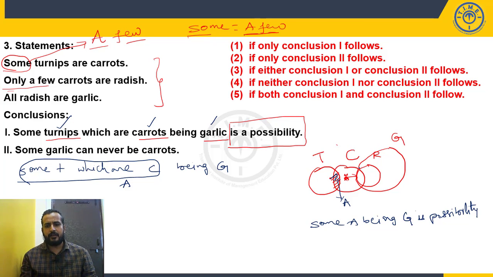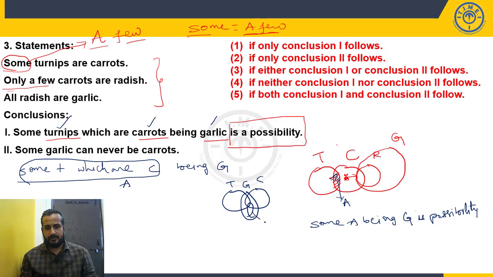Whether it is possible or not, we'll cross check it. Okay, now we have T here and we have C here, and this part we are talking about. This part is what? G. Okay, and R should be within G and R should have the relation with C. Yes. Anything wrong in this?